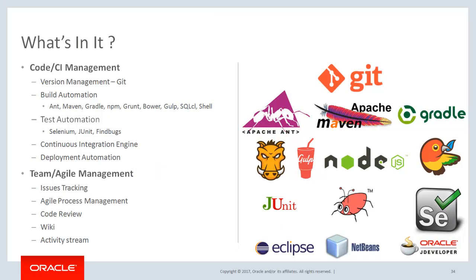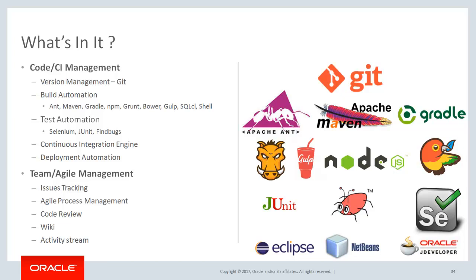Now, the functionality or the features of Oracle Developer Cloud can largely be bucketed into two categories. Starting with the code management and the continuous integration side of the house, there is a source code management feature which is largely handled by Git repositories.